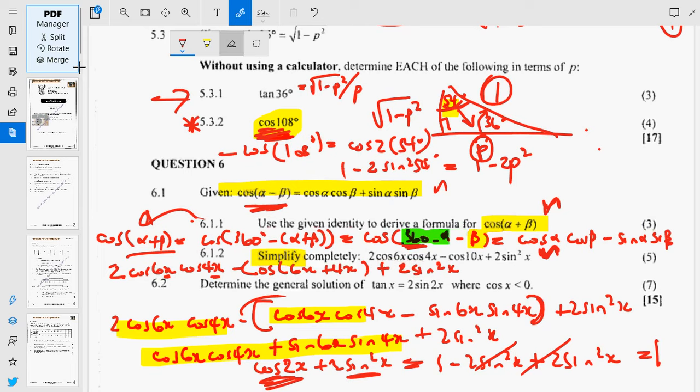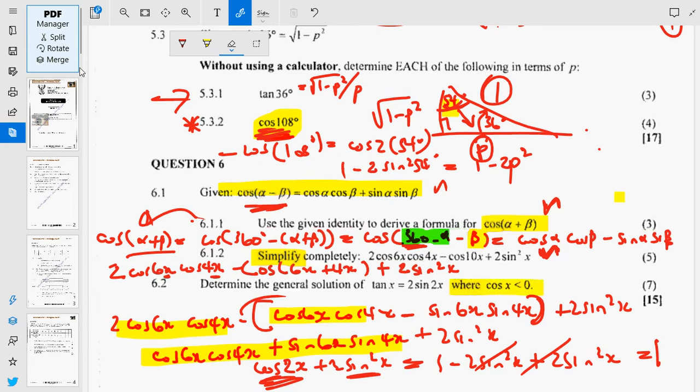And the last part of this question asks us to determine the general solution of tan x is equal to 2 sine 2x. Now, please read your instruction. The examiners are saying where cos x is less than 0. We'll quickly see where that will become handy.